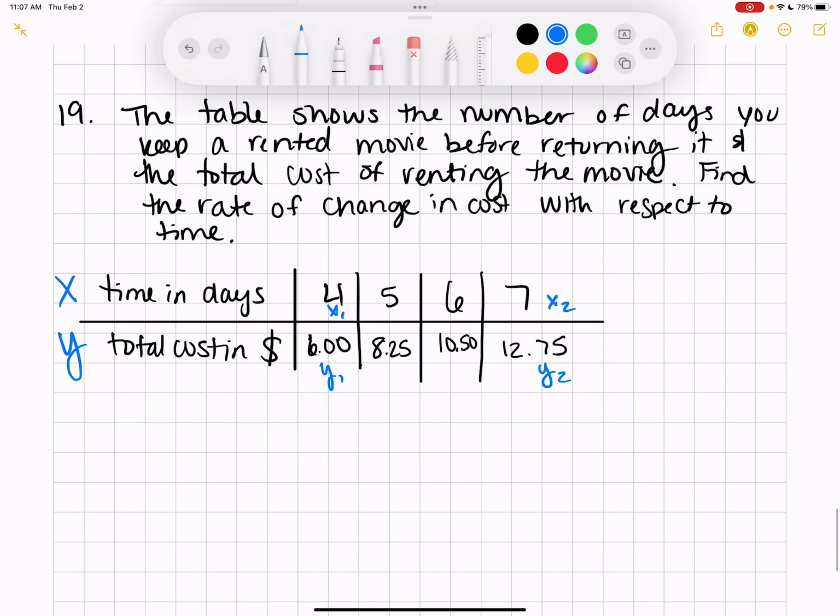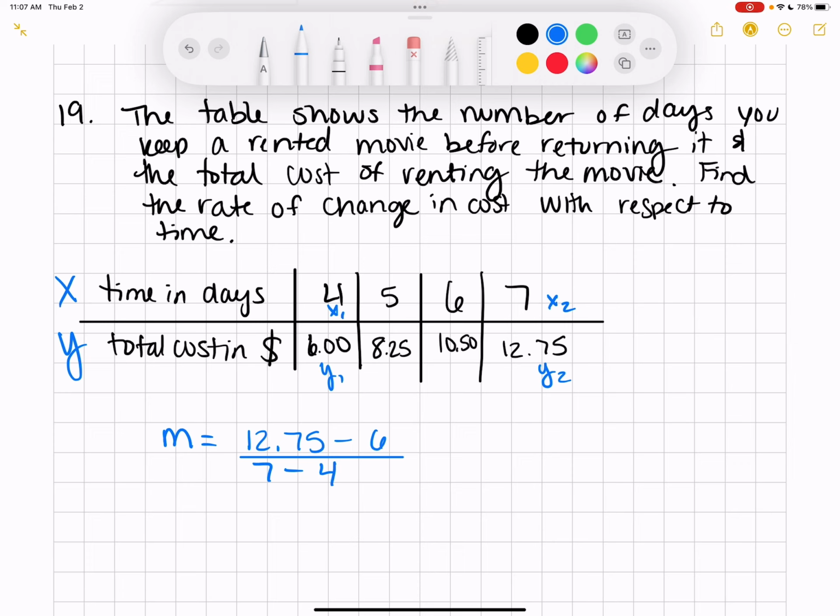So slope is equal to 12.75, so that's Y2, minus Y1, which is 6, divided by X2, which is 7, minus X1, which is 4.